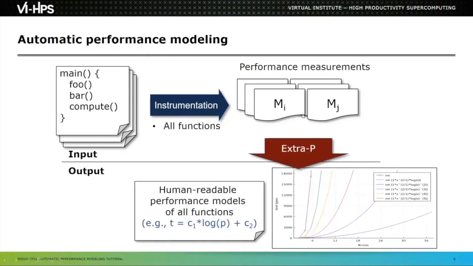Then in the next step, we load these measurements into ExtraP, and ExtraP will automatically create for us human readable performance models. These are the scaling functions that you saw before. One might look like this: T for the runtime of the application, with a coefficient and a logarithmic part that represents the number of processes, P here. And then, of course, you also get a graphical representation of the scaling model, as you can see here.